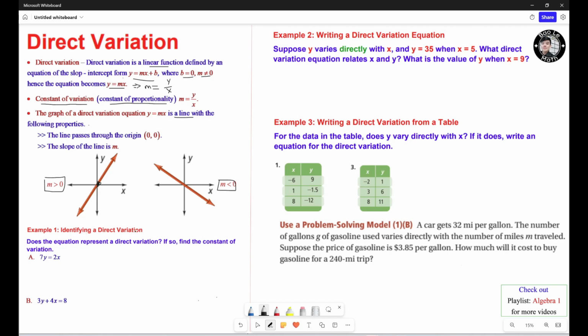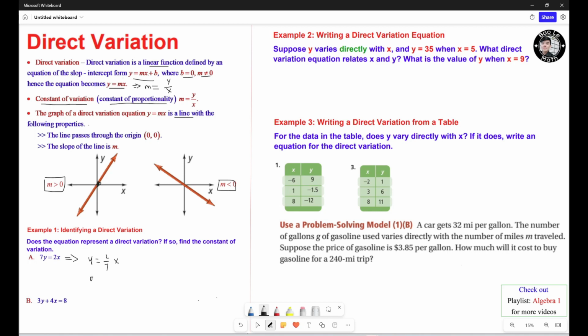Identifying a direct variation. Does the equation represent a direct variation? If yes, find the constant of variation. From this equation, we just divide both sides by 7. We have y equals 2 over 7 times x.